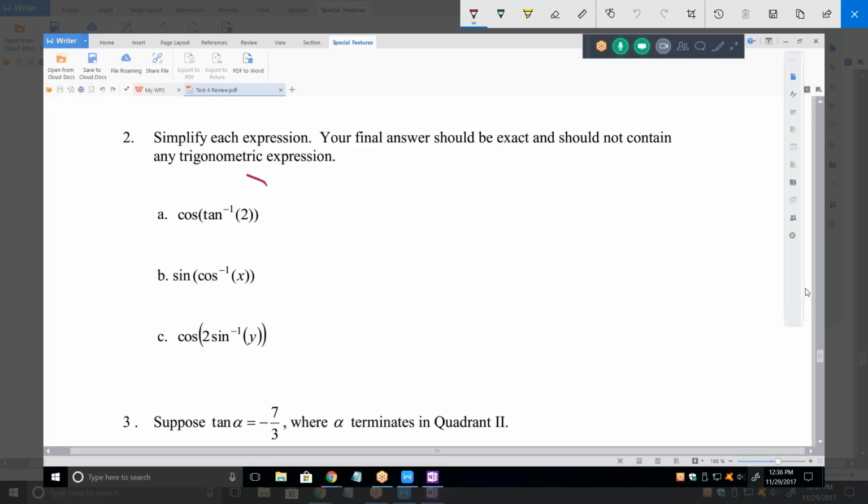What's the first thing I have to do to solve that? Make it all like one. Well, what's the normal answer when I say what's the first thing I have to do when we're talking trig? Draw a triangle. Okay.